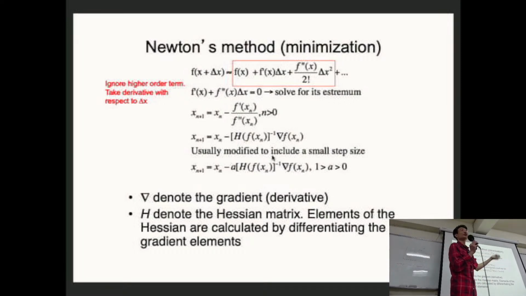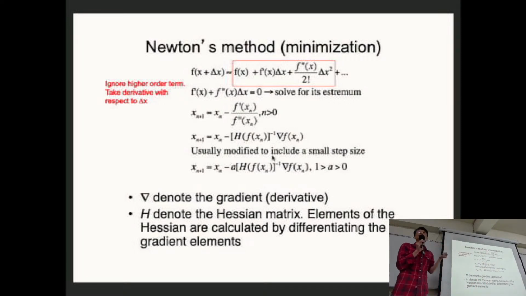So you need to initially get some random initial condition. Usually you multiply this equation by a small number, a, where a is between 0 and 1. Without putting a, of course, a is automatically 1. But the idea is that we don't want to change delta x too much. We like delta x to be small, otherwise it's jumping too fast.